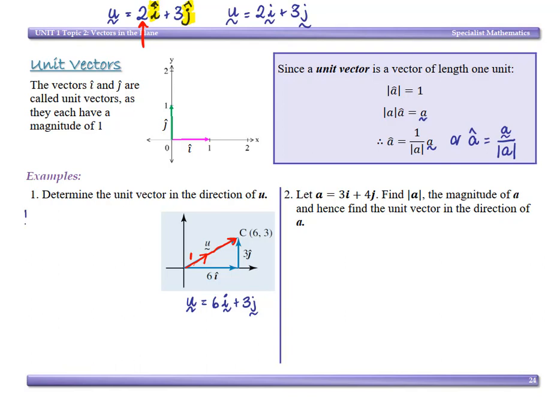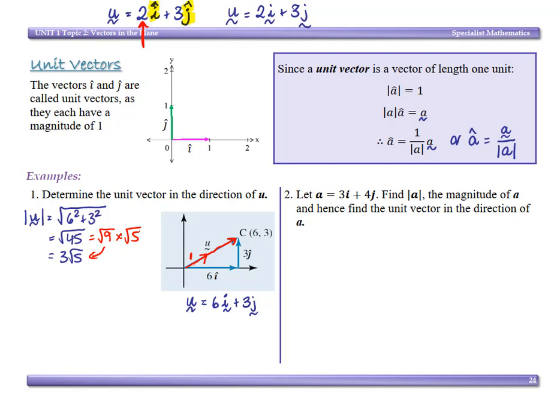So let's start by finding the magnitude of u. That's the square root of x squared, 6 squared, plus y squared, 3 squared. That's the square root of 45, which becomes 3 root 5. Remembering square root of 45 is the square root of 9 times the square root of 5.